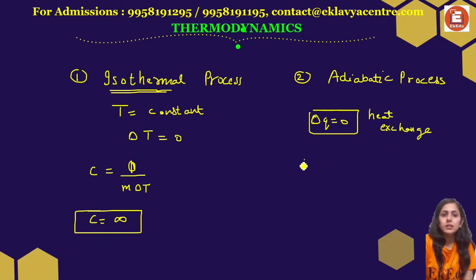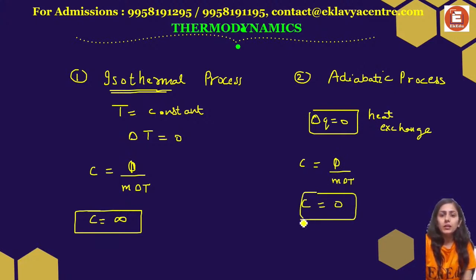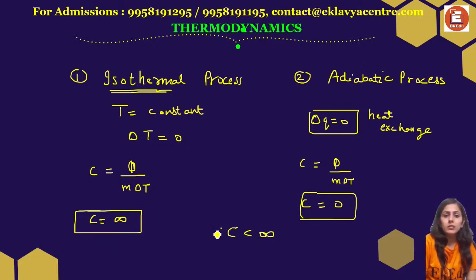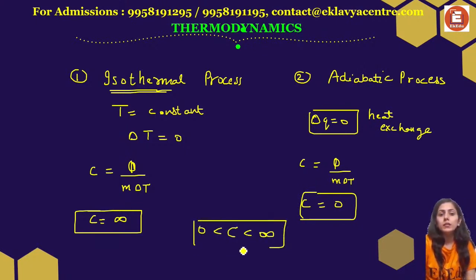So the value of C, which is Q by M delta T, becomes 0. So the heat capacity for any substance can have any value from 0 to infinite.